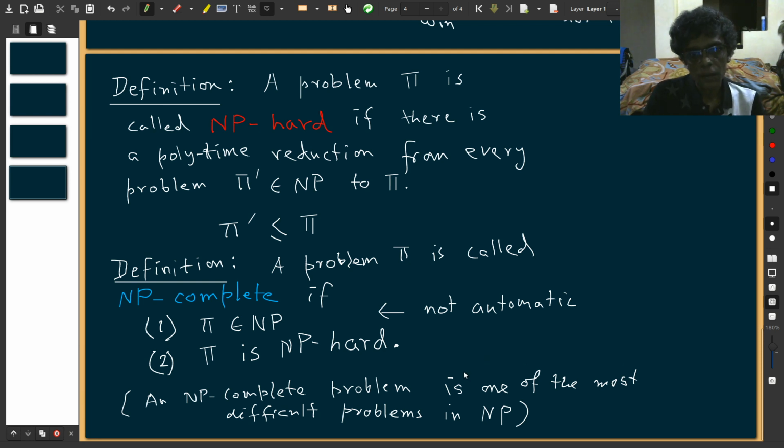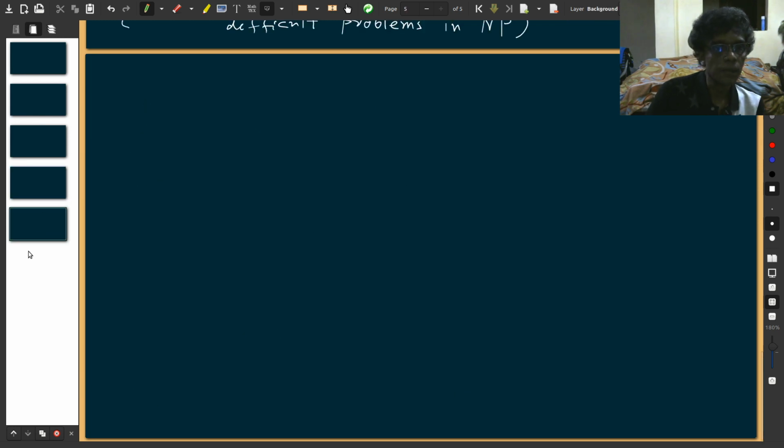Okay, so this is just an intuitive understanding, but what I say next gives the NP-complete problems their importance in the study of the P equal to NP problem.